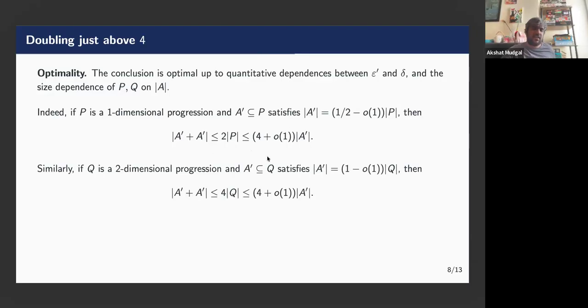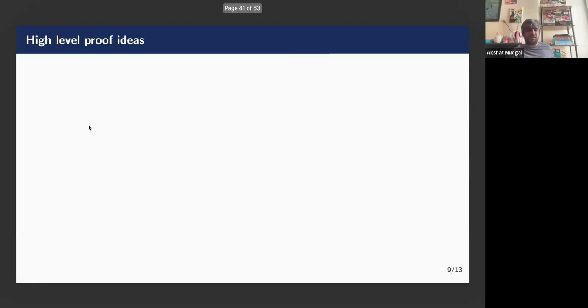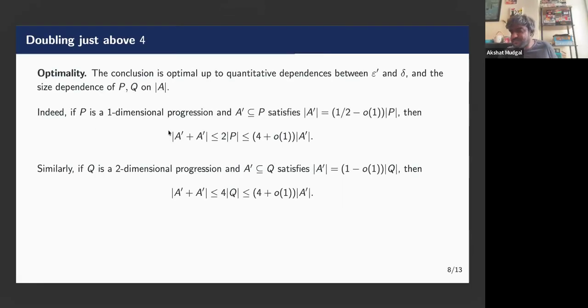And similarly, if you have a two-dimensional progression and a subset of it which is most of the progression, then this subset will have doubling at most 4 plus something small as well. So another way to see our theorem is: if you have a set of integers which has doubling at most 4.01, then the two obvious examples are essentially the only things that can happen. So this is kind of optimal.